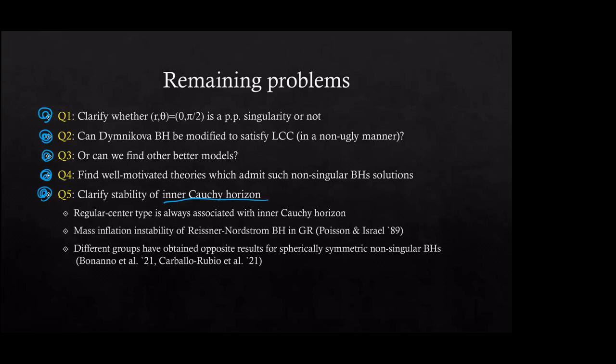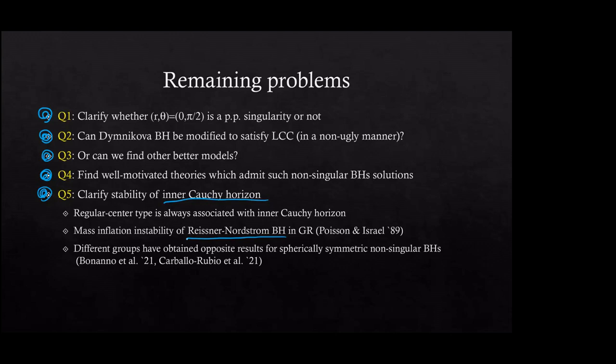Because in general relativity, it is known that the rotating black hole suffers from the mass inflation instability. And at present, different groups have obtained opposite results for spherically symmetric non-singular black holes. So this problem has not been clarified yet.